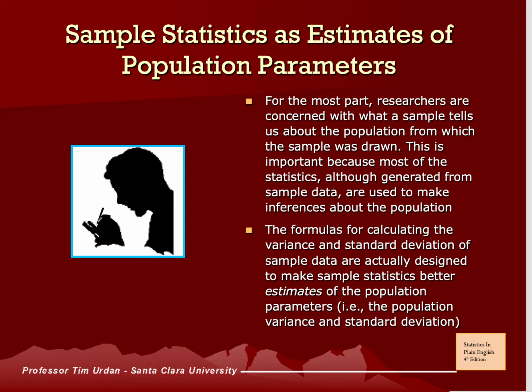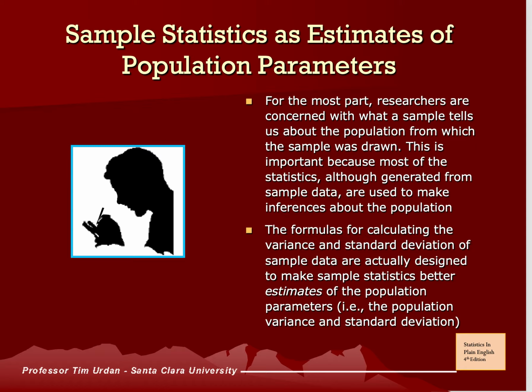So we talked a little bit last week about statistics and parameters, where statistics are for the sample and parameters are for the population. So for the most part, researchers are really concerned with what the sample is telling us about the population. So this is what is the statistic and how does the statistic relate to the parameter. We want to really make assumptions about the population based on the sample.